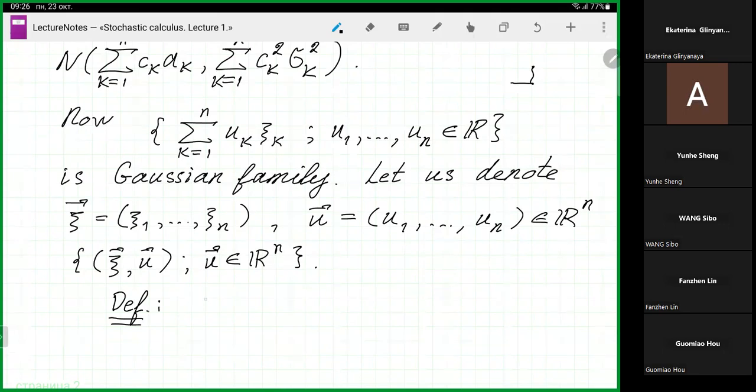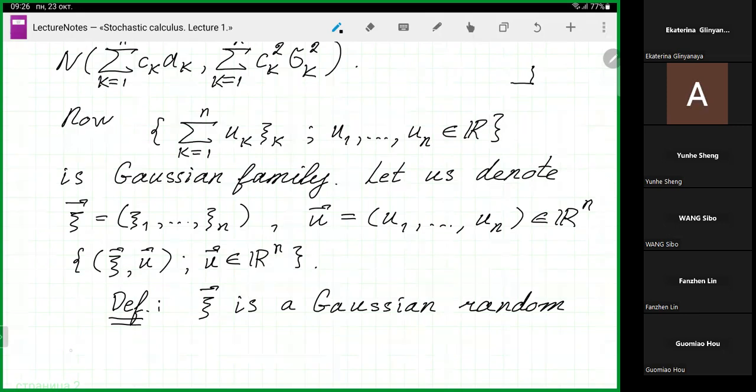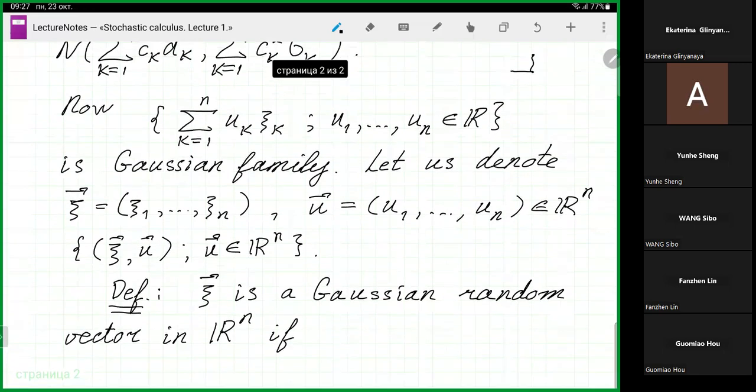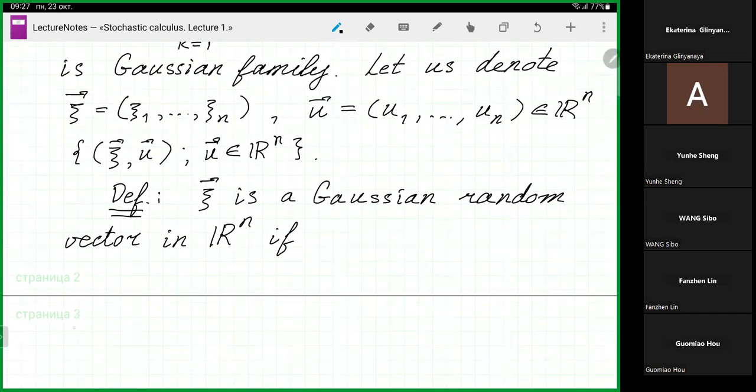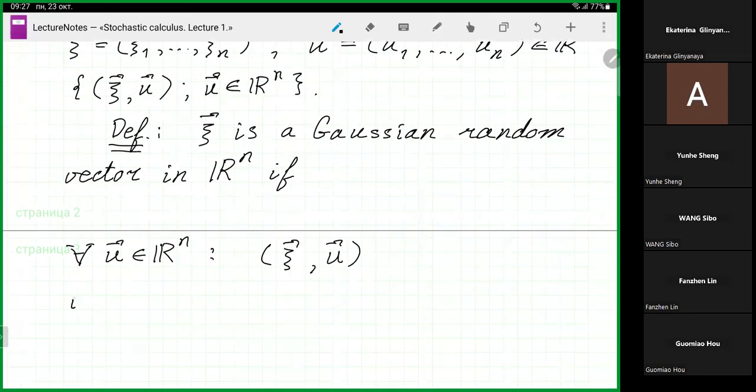We will say that psi is a Gaussian random vector in Rn if for any u from our space Rn, this scalar product psi u is a Gaussian random variable.